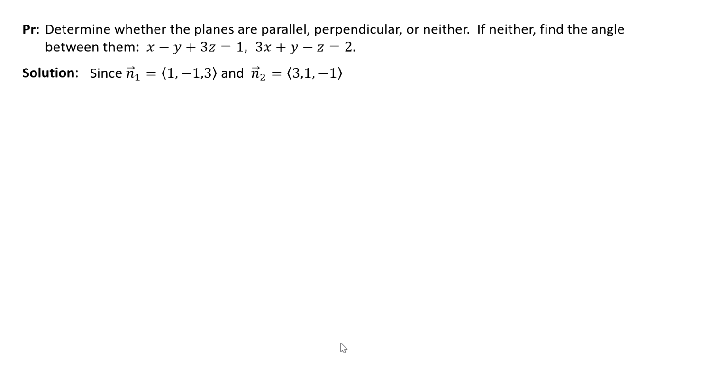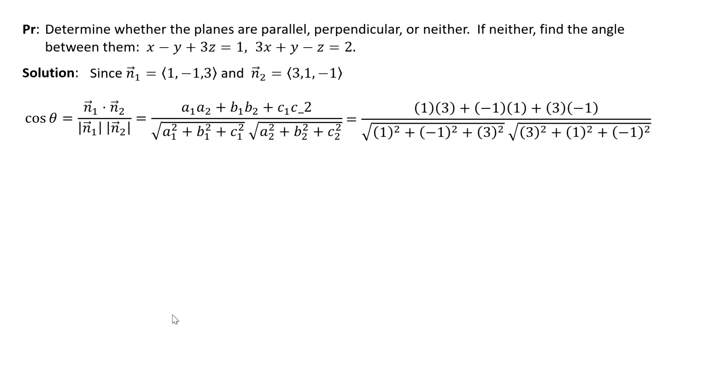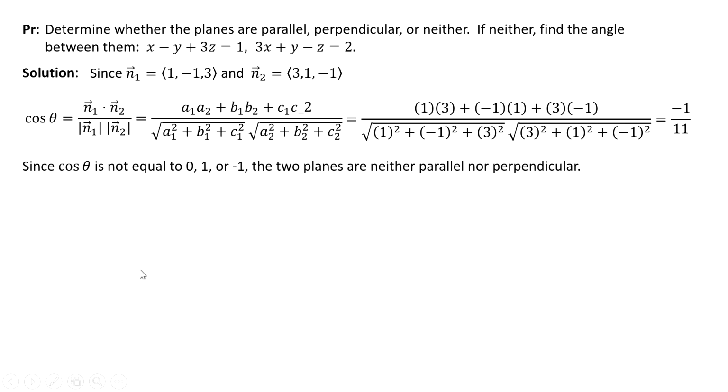Like I told you in the beginning, basically you look at the normal vectors and find the angle between them. Cosine theta is n1 dot n2 over the product of the magnitudes, and we went through all of this. Since cosine theta is not equal to 0, 1, or negative 1, the two planes are neither parallel nor perpendicular.